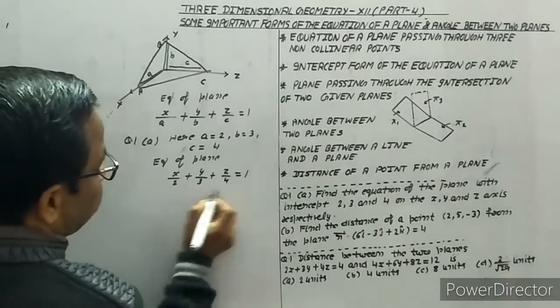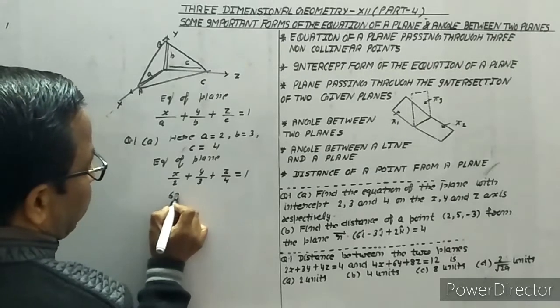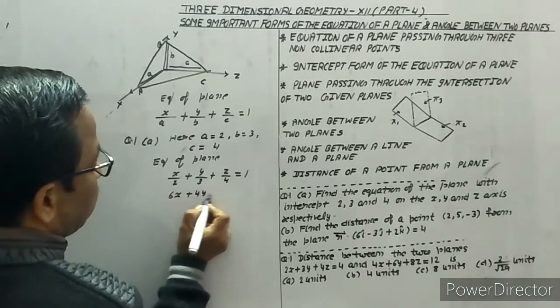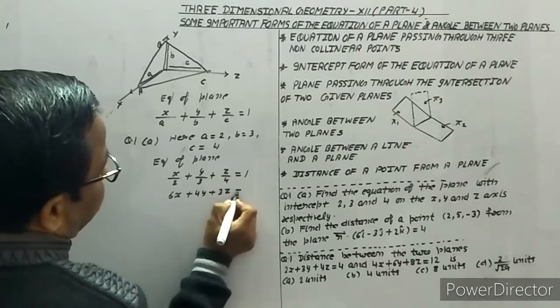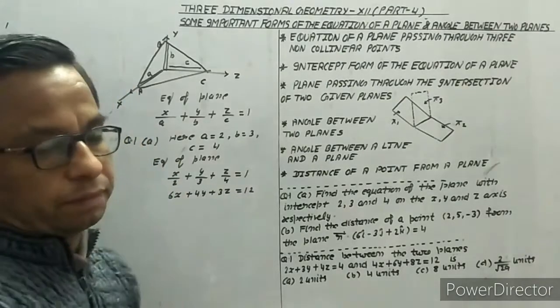Now take the LCM. The LCM is 12 only. This becomes 6x plus 4y plus 3z equals 12. This is the equation of the required plane.